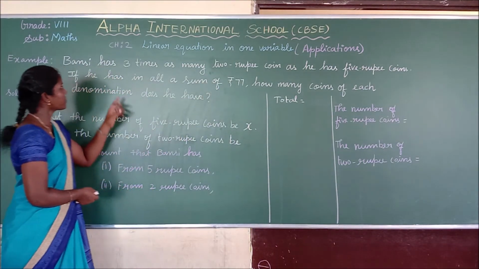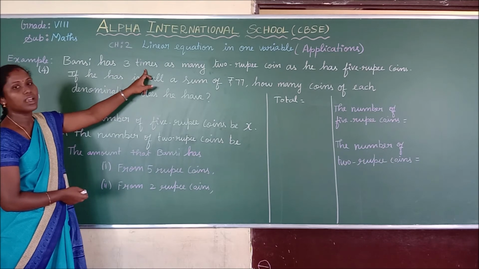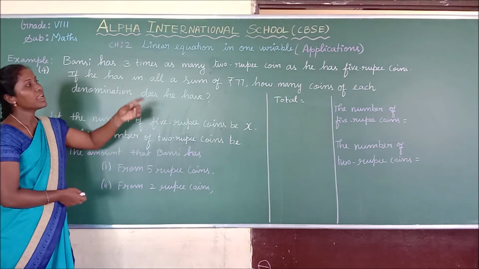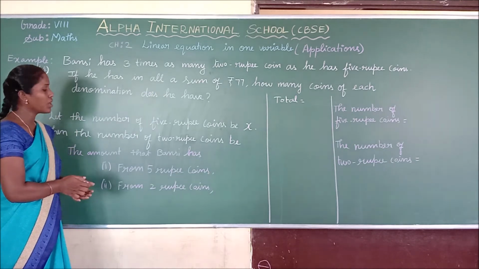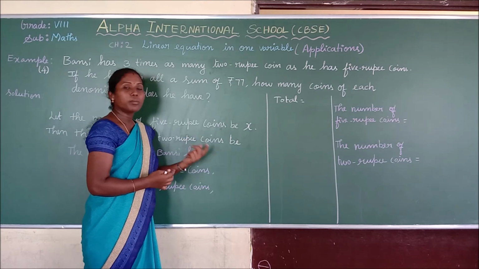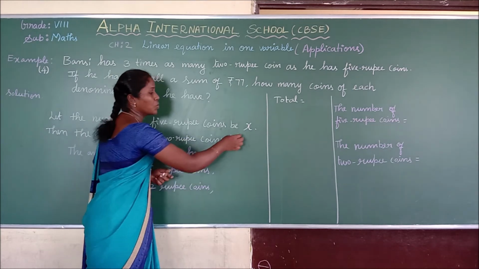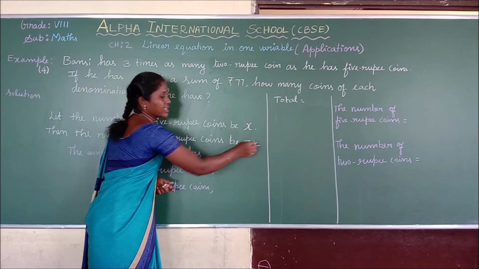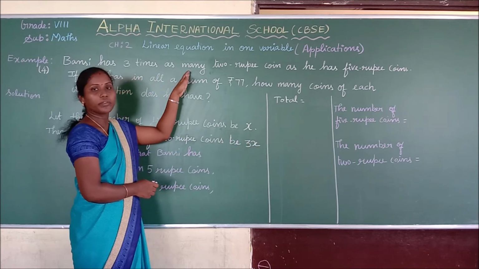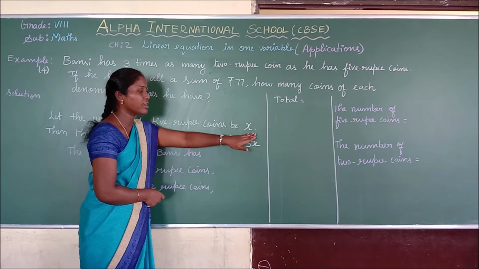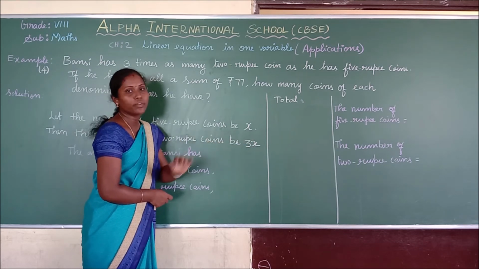He has 3 times as many 2 rupee coins as 5 rupee coins. So the number of 2 rupee coins is 3 times the 5 rupee coins, that is 3 times x, so 3x.